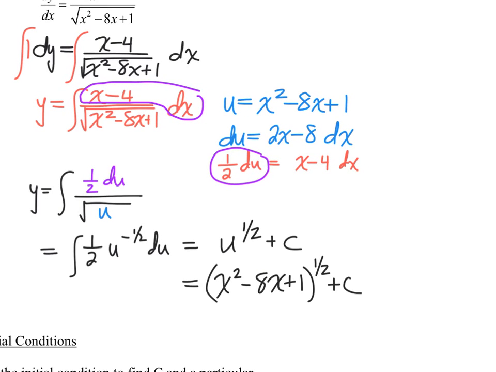All right, so again, all that u sub work is just to get it from the messy form into something that's reverse power ruleable, I guess. So mission accomplished. That's the idea. The only extension to this really is the concept of initial conditions, so actually finding out the value of c.